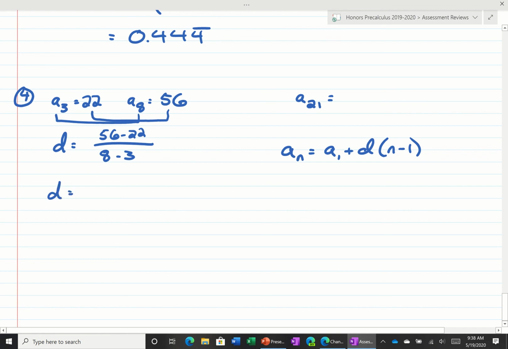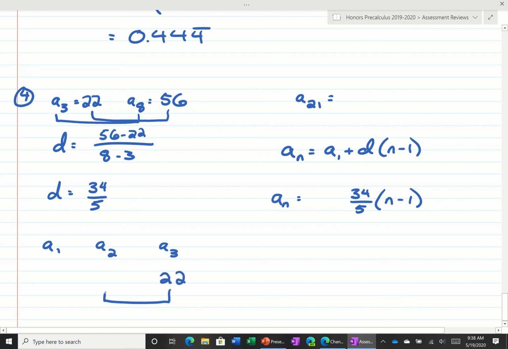So the common difference would be 56 minus 22 is 34, divided by 5. So if that's the common difference, let's make a little chart here. We know a sub 3 is 22.